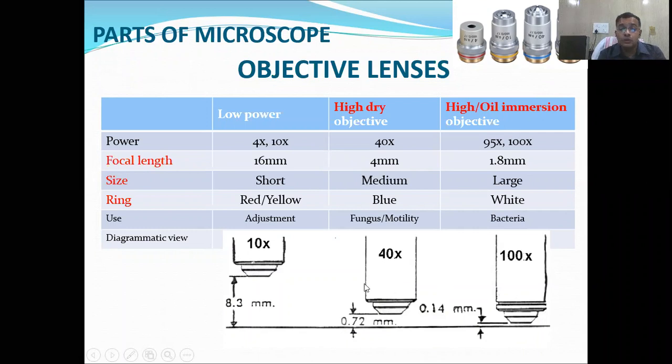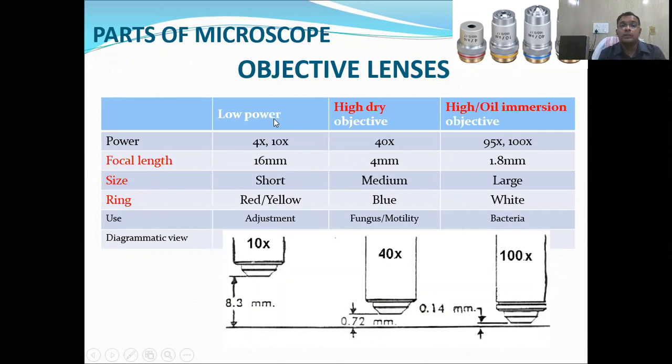So you should know that whenever you are using a low power objective lens, the distance between your slide and lens is more. That's why you can lower your stage depending on which power you are going to use. If you are using the 100x, then it must be near to your object, and only then will you get the correct view.